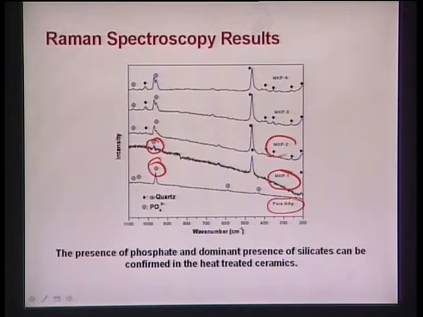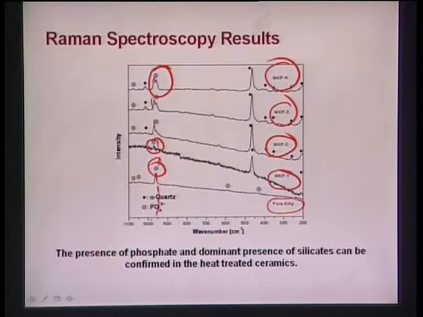But when you are heat treating at 900, 1000 and 1100 degrees Celsius, then your phosphate peaks also become more prominent, and therefore these phosphate peaks are in line with the phosphate peaks of your calcium phosphate, Ca10(PO4)6(OH)2, that is your hydroxyapatite phase. So this presence of the phosphate peak is quite important here.